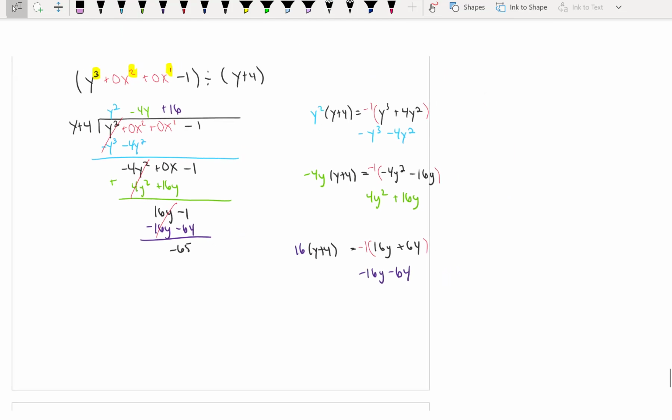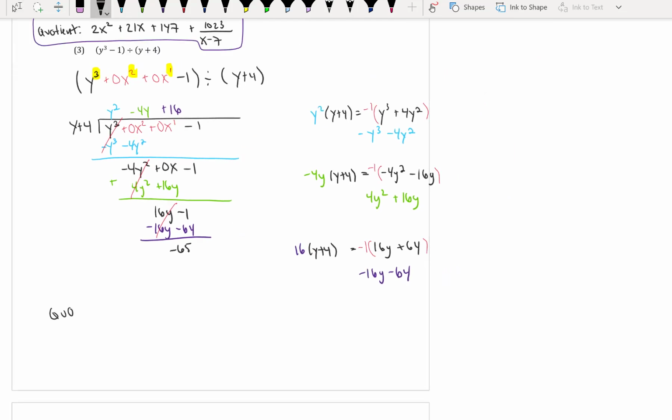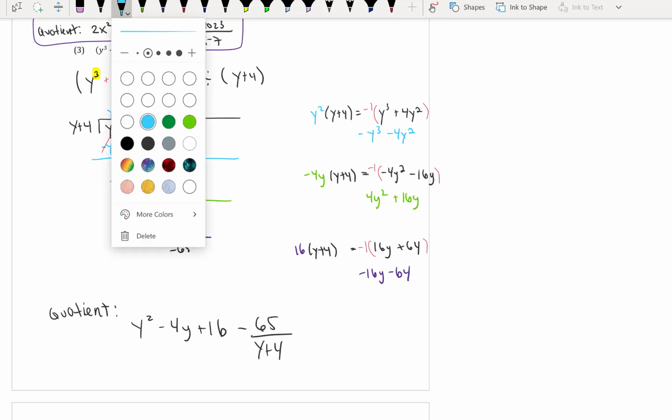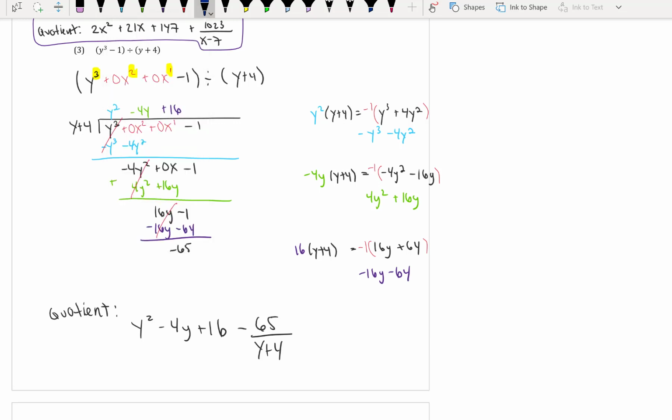So I can say for my quotient that I have y squared minus 4y plus 16 minus 65 over what my denominator was, which is y plus 4. And that ends up becoming my final answer.